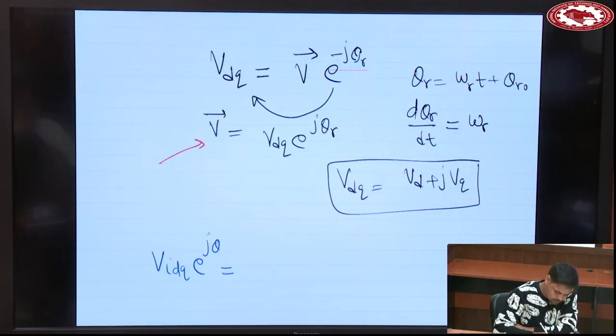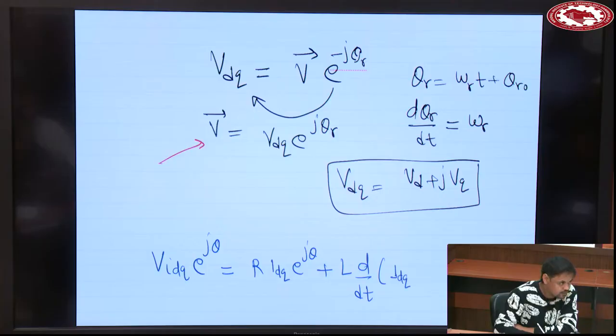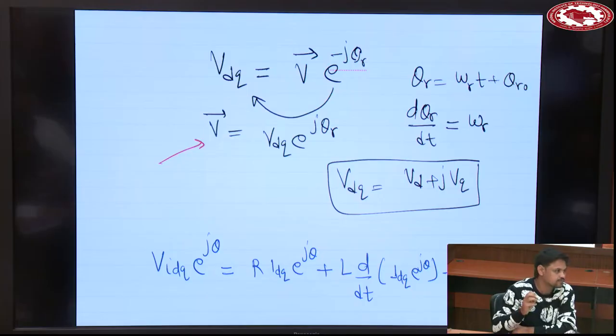So it is equal to R I dq e to the j theta plus L d by dt of I dq e to the j theta plus Vg dq e to the j theta.